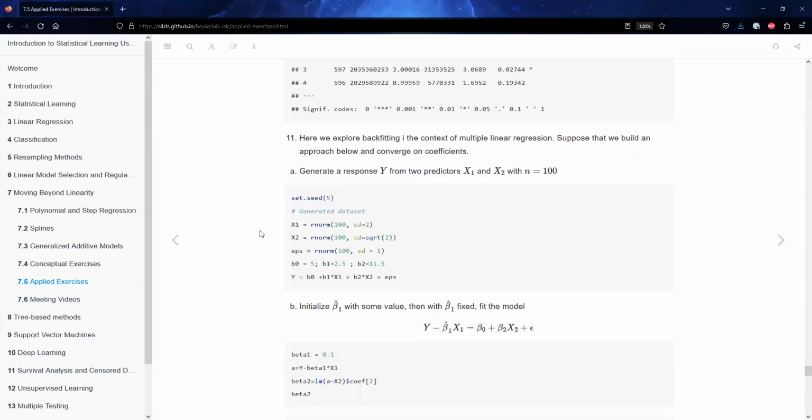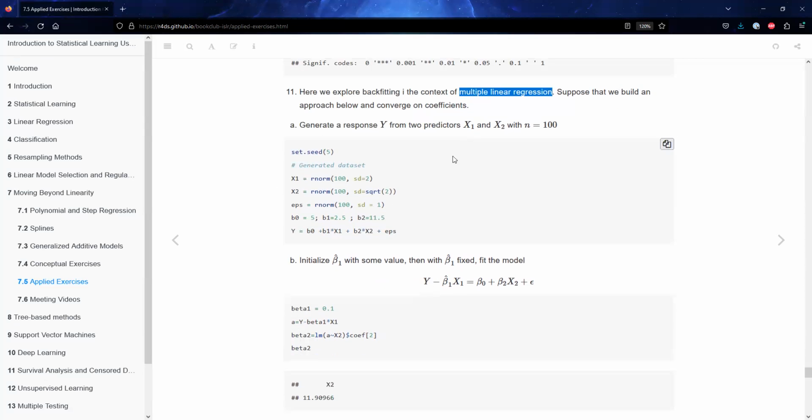And then finally, problem number 11, exploring backfitting. The idea here was, if you have multiple linear regression, what problem number 11 prescribes is another way to do that in case you might run into heavy load times, or your calculation times are taking a long time.